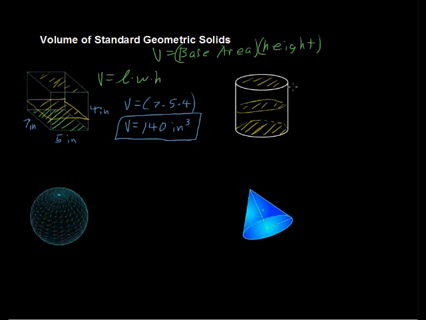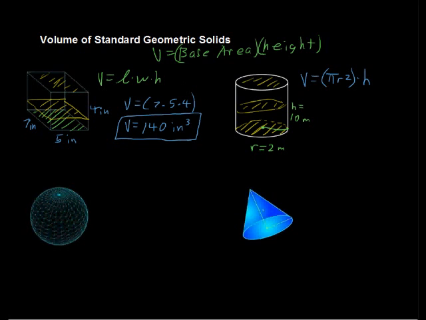Now, the base area of a cylinder is pi r squared. So we have our base area, pi r squared, that's a circle, multiplied again by the height. So if we have the dimensions for this one, let's say this radius r equals 2 meters, and let's say we have our height equaling 10 meters. Okay, then we have our radius and our height.